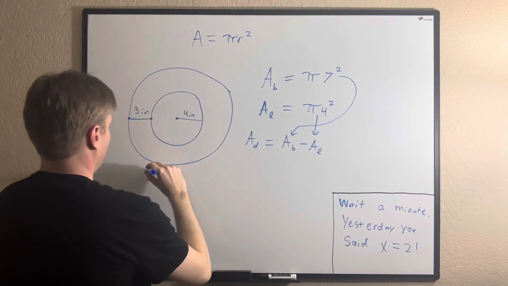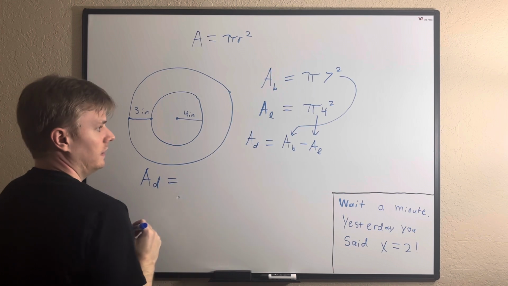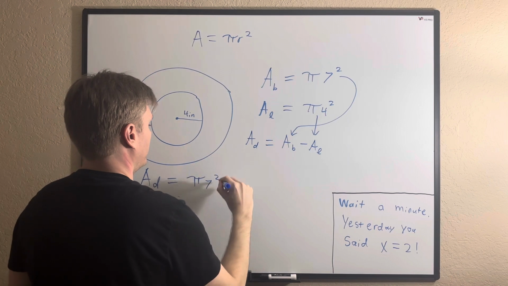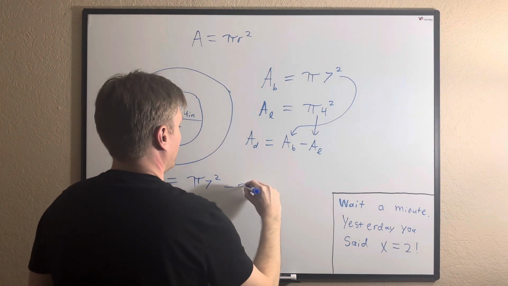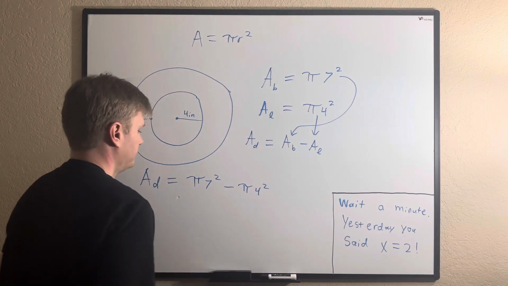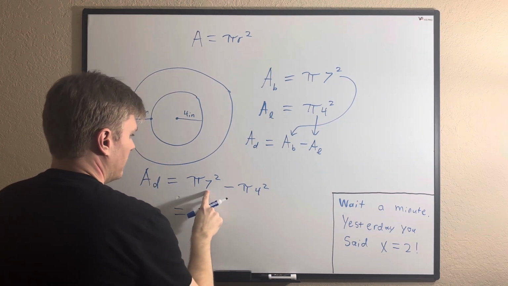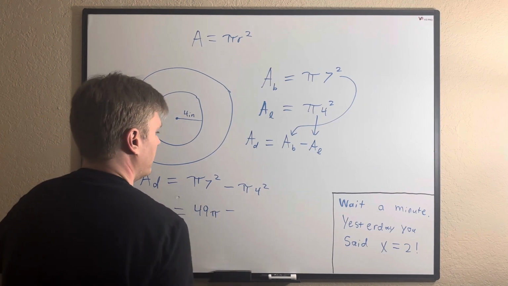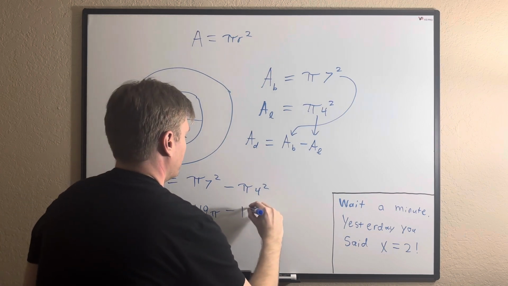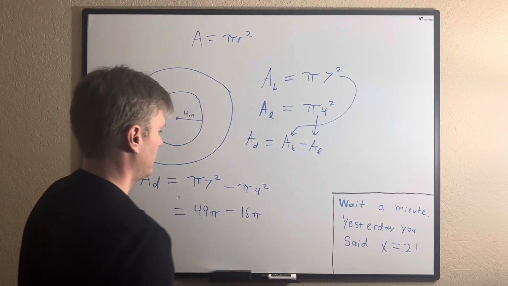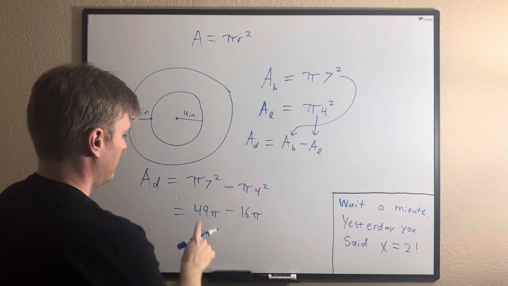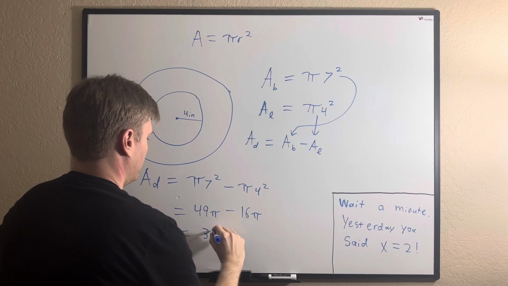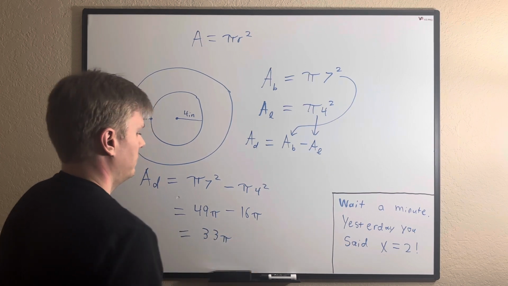So area of the disk, A sub D, equals pi times 7 squared minus pi times 4 squared. 7 squared, 49 pi. 4 squared, 16 pi. (49 minus 16). 33 pi.